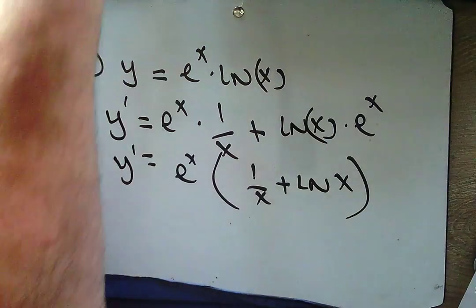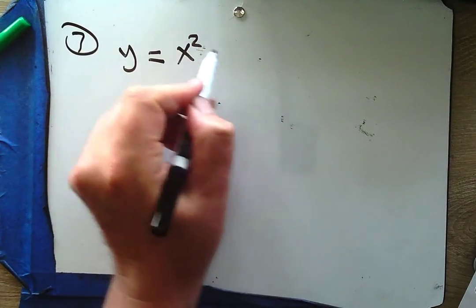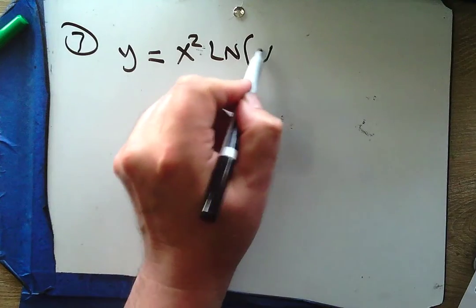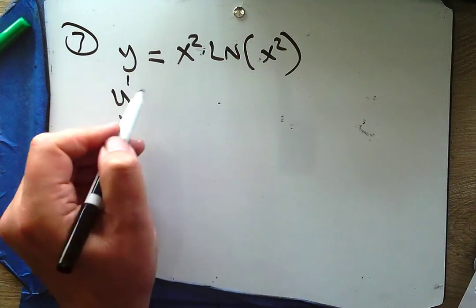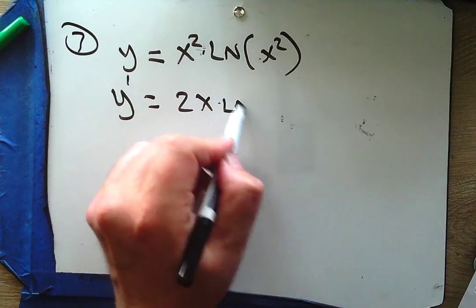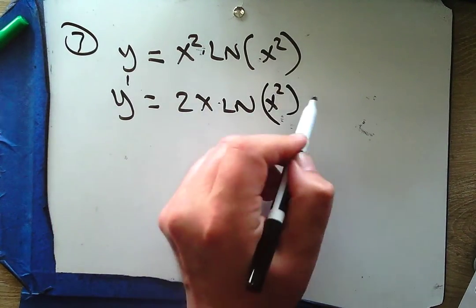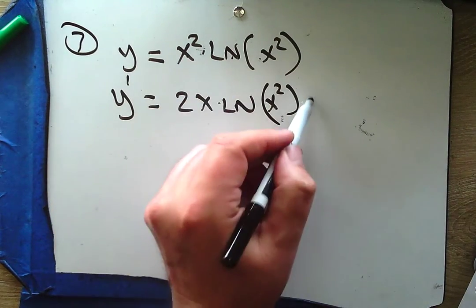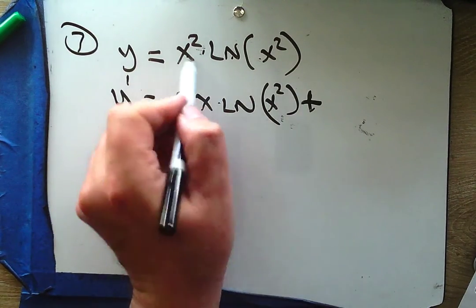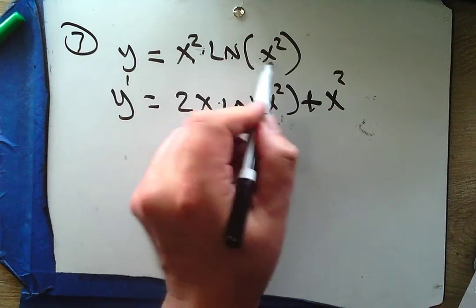7 says, you're going to need more space. 7. y equals x squared ln of x squared. So y prime, I see the product rule: 2x ln x squared plus, derivative of that times that, plus that times the derivative of that.